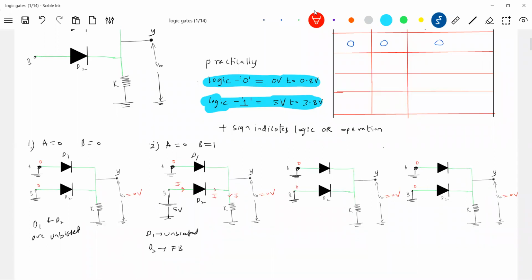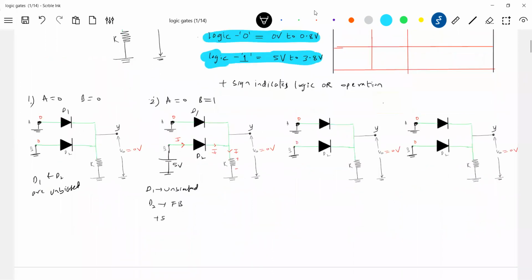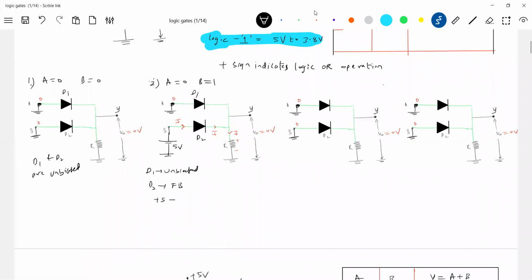So then let's take this diode. Even if you take 0.7 volt, how much drop should V naught be? I think you know enough of KVL. Apply KVL. This is the first problem. Plus 5 volt, minus VBE, minus I into R equal to 0.